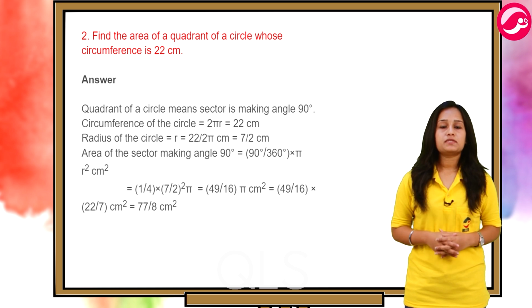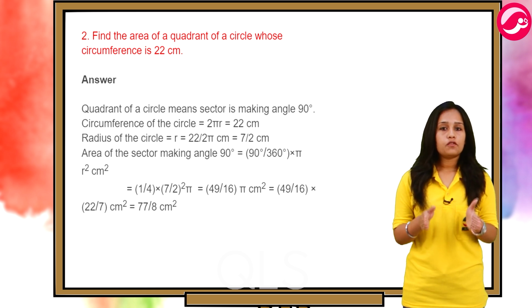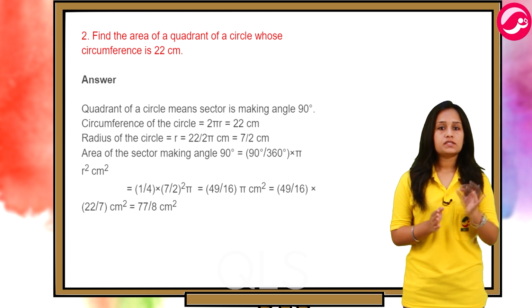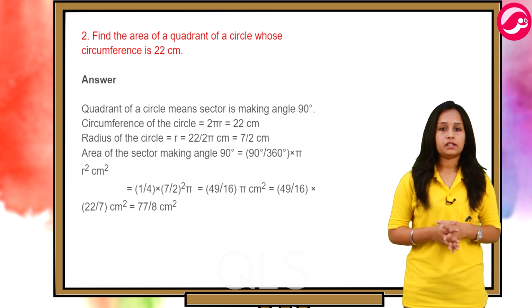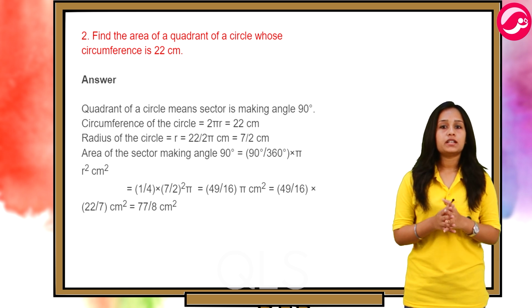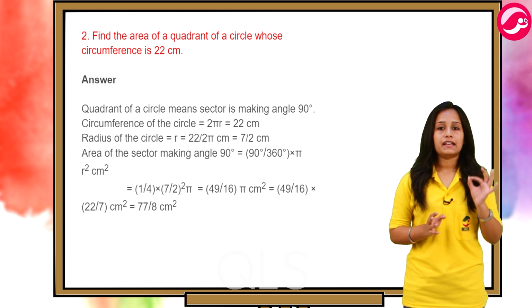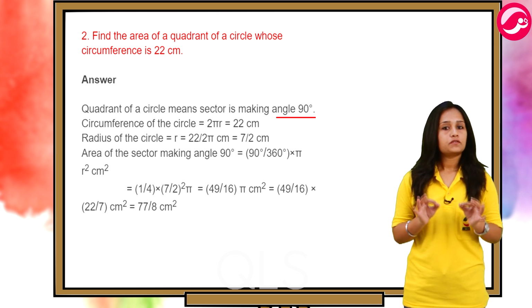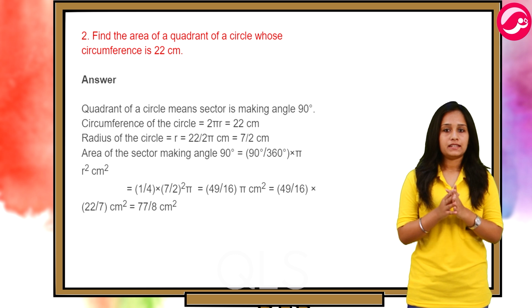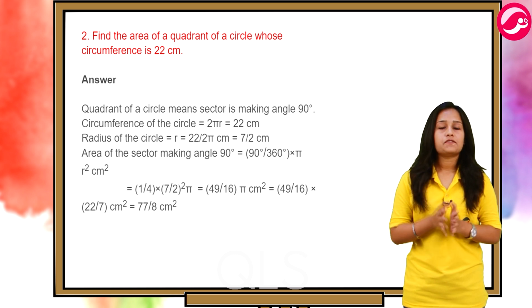Our second problem says: find the area of a quadrant of a circle whose circumference is 22 centimeters. A quadrant of a circle means the sector is making angle 90 degrees. The circumference of the circle is equal to 2 pi r, that is equal to 22, it is given to us.